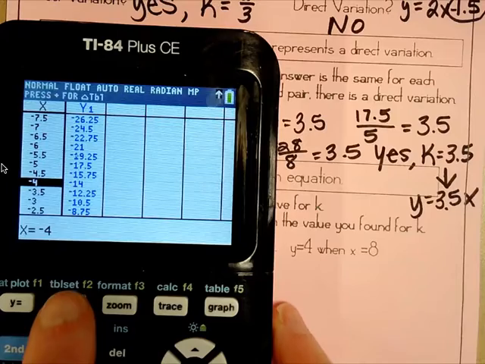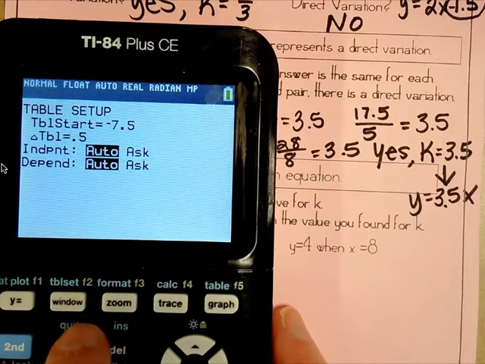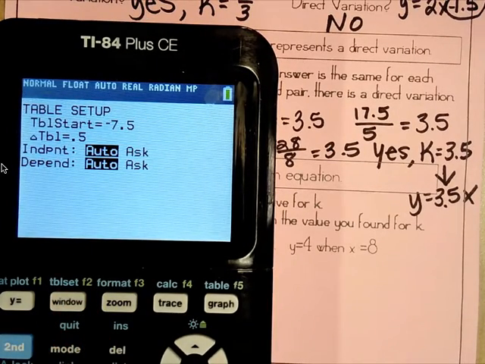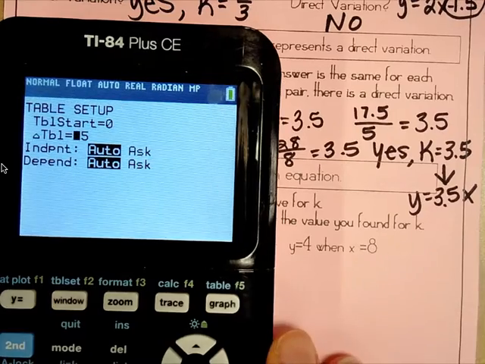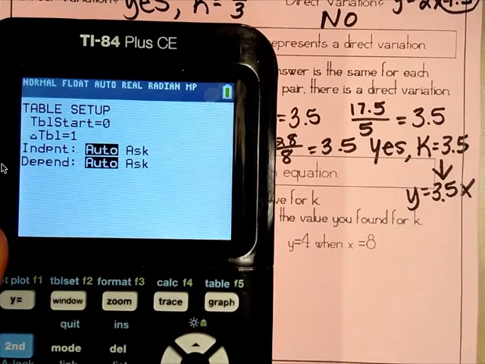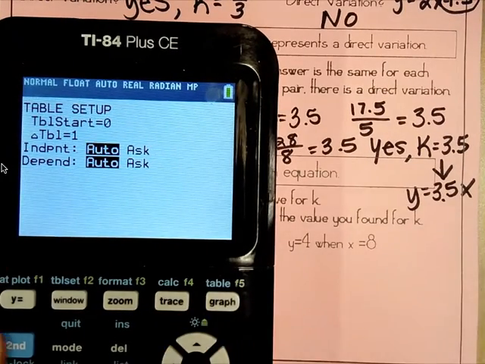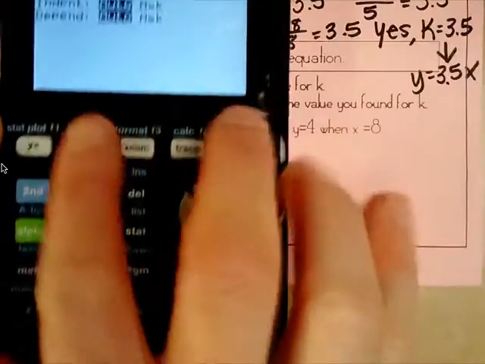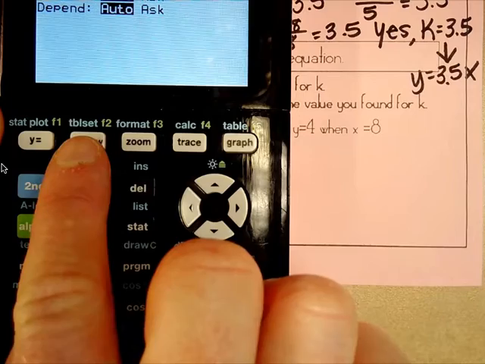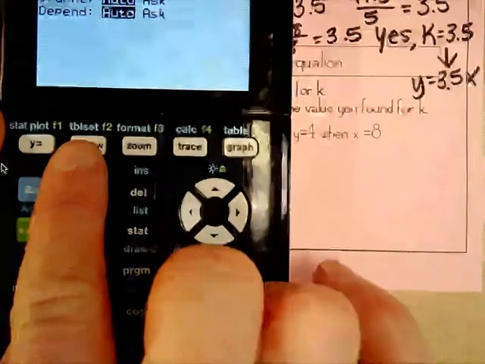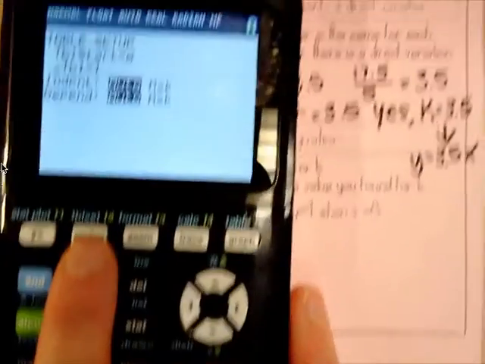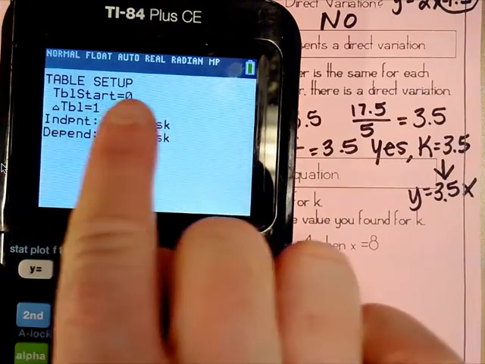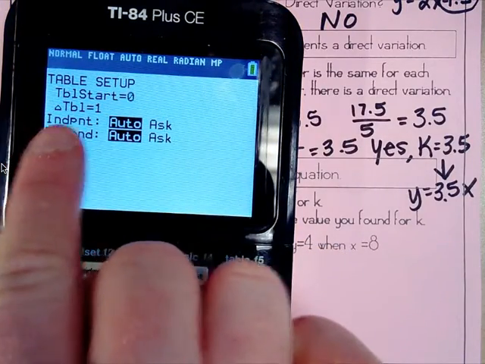So second window, table start, 0, change of table is 1. Did y'all see how I did that? Second window, which is table setup. So see how that says TBL set? That's your table setup. So second window to get there. Table start should be at 0 and change of table is 1.